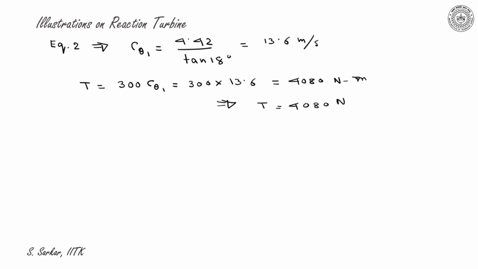Let me put all the values now. 4080 into 2 pi, what is the RPM? 1260 divided by 60.